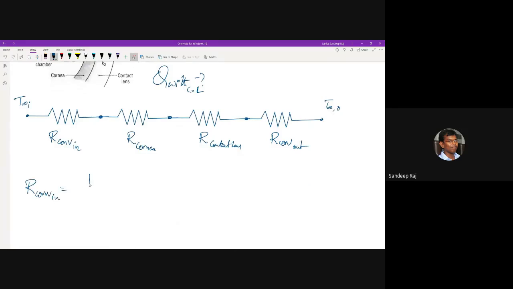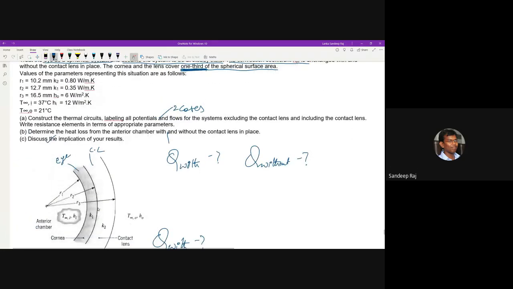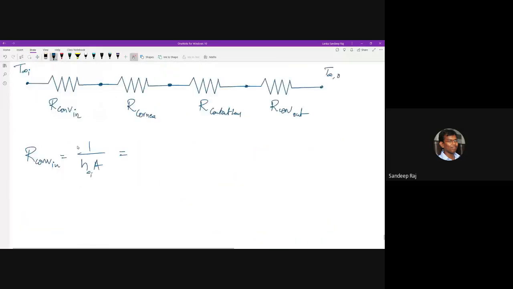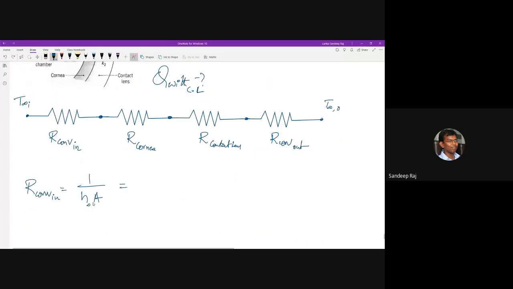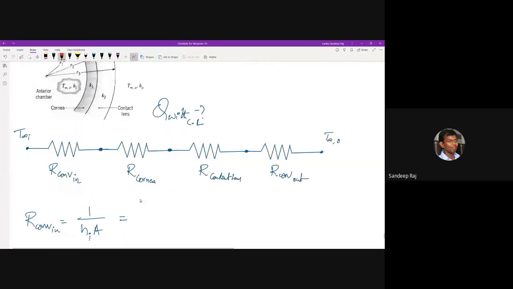R convection on the inside is 1 by hA. So is h on the inside given in the question? h_i, according to him, is given as 12 watt per meter square Kelvin. So substitute that 12 here.